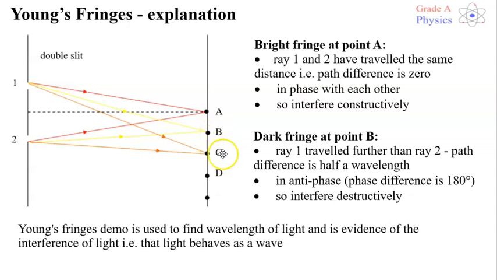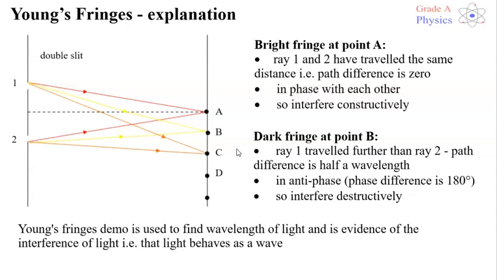And we could continue. At point C here we get another bright fringe. Here ray 1 has travelled a full wavelength further in distance than the ray from slit 2. So now the path difference is a full wavelength, so we have the waves meeting in phase, so we have constructive interference, and so on.